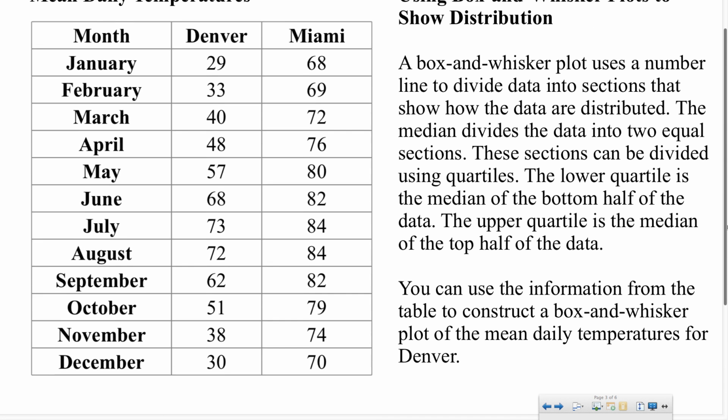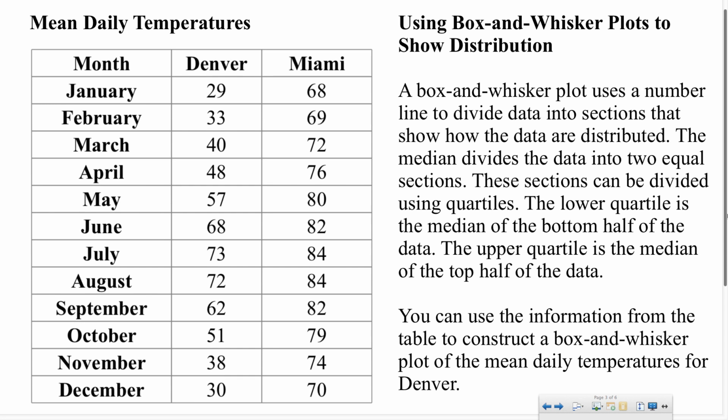So let's go ahead, fast forward, and talk about this. So using box and whisker plots to show distribution, could I get somebody to read through this part right here? And it's the same data. Christian. Using box and whisker plots to show distribution. A box and whisker plot uses the number line to divide data into sections that show how the data are distributed.